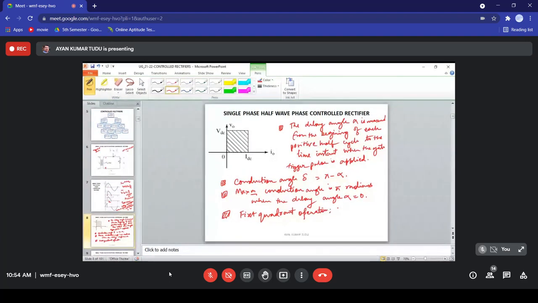Because both the voltage and current are in the same polarity. I need not have written this one because it is understandable from the figure.